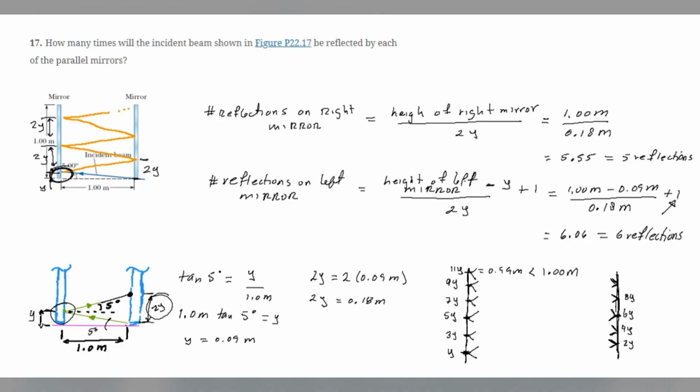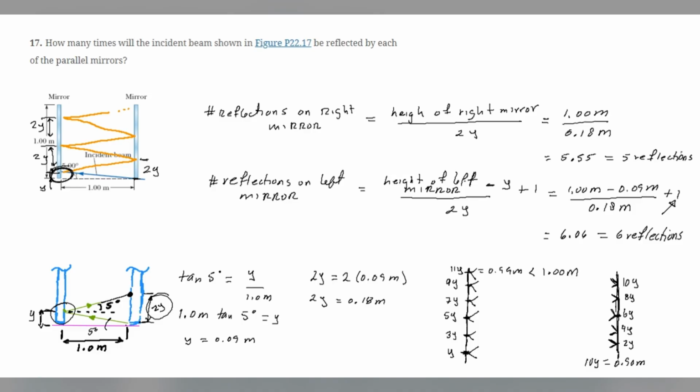When you multiply 10 times 0.09, that will be 0.9 meters, which is less than 1.00 meters.